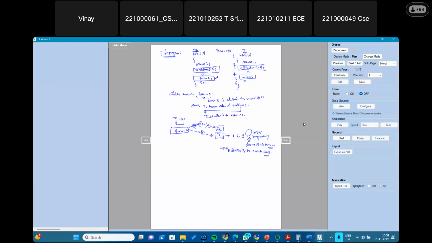So till now, mutual exclusion is achieved by the algorithm 1 solution. Progress is not achieved. Now comes the third property, that is the bounded waiting.